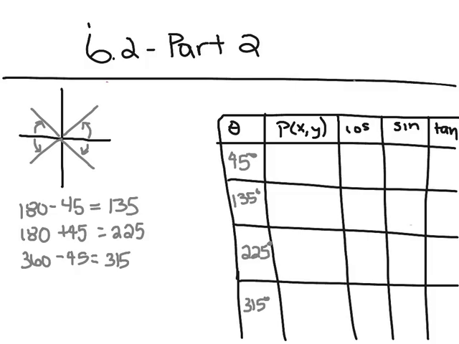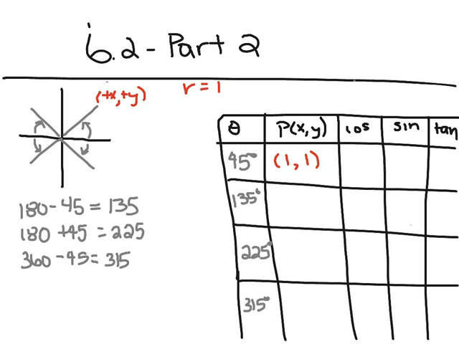So we want to find all of the trig ratios. So the point for 45 degrees, our x is going to be positive and our y is going to be positive. So we have 1, 1, because we know that r is equal to 1.